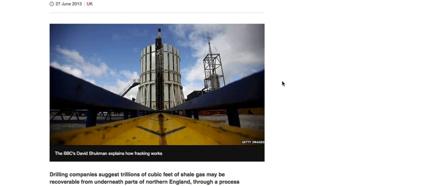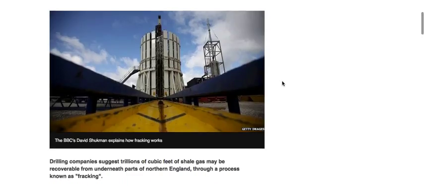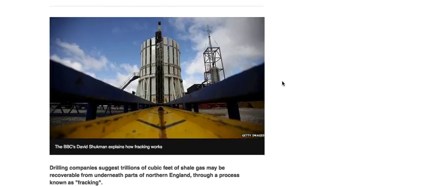Okay, so what's basically going on with fracking is there's natural gas trapped in the crust of the earth, and in order to release that gas, we're pumping down water and filler to expand these fissures and cracks in the crust and allow that gas to escape where we can harness it and use it as energy.